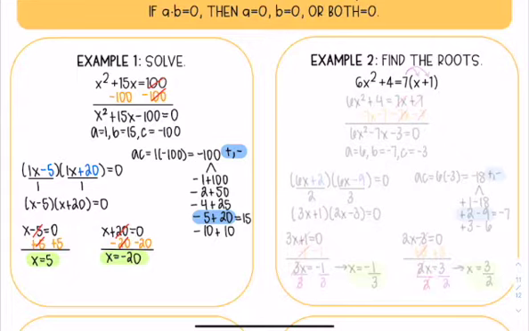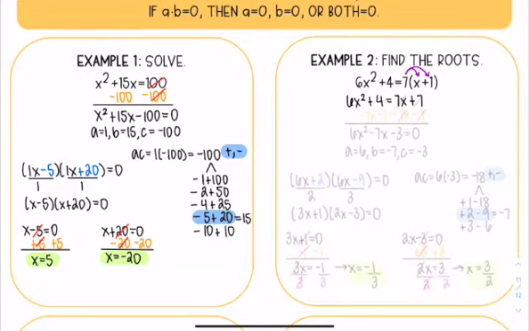For example number 2, it says to find the roots. That is the exact same process as finding the solutions. We just have two different words that we can use. First thing we want to do is we are going to distribute the 7 to both pieces. So we have 6x squared plus 4 on the left, and then 7x plus 7 on the right. We again want this set equal to 0 so that we can factor and solve it.